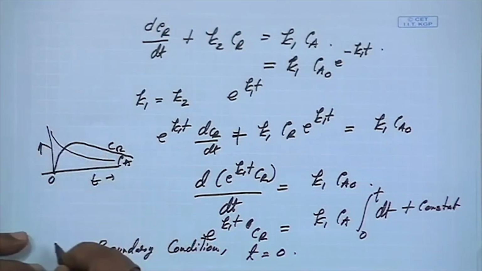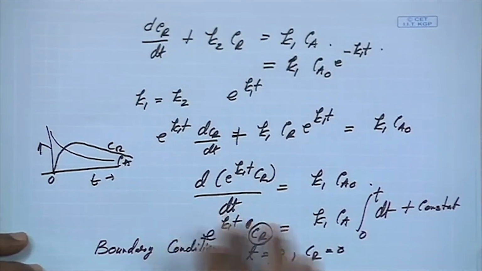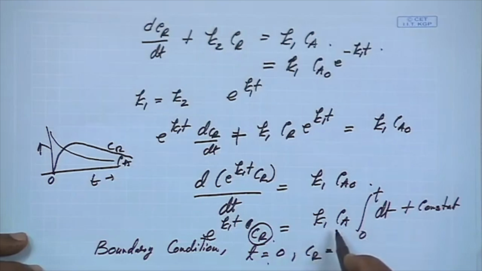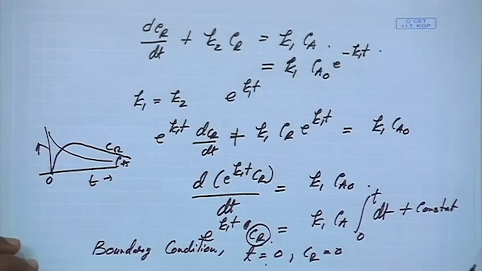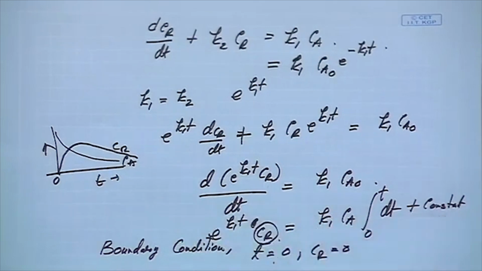So at time t equal to 0, I can assume Cr equal to 0, and if Cr is 0, then this constant K1 will be 0, because this is also 0, this is also 0, so the constant will be 0.